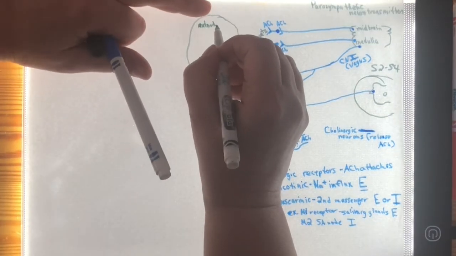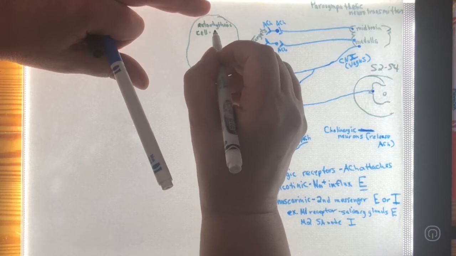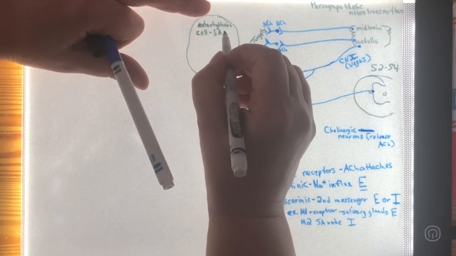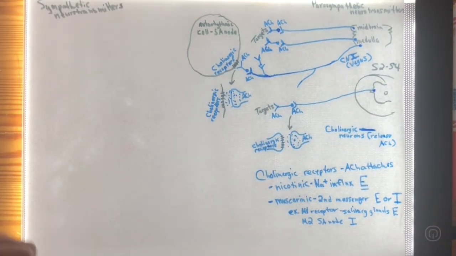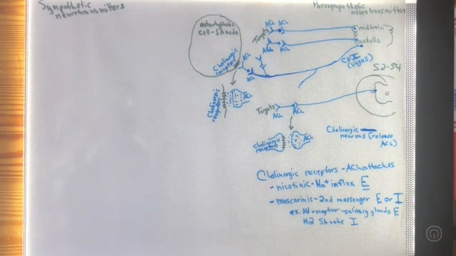So let's take a look at that. The cell here is called an autorhythmic cell. The autorhythmic cell is found inside of the heart. These are the natural pacemakers of the heart. The specific one that we're looking at is found in the SA node, although there are cholinergic receptors on various parts of the heart, especially the electrical system inside of the heart. The SA node is definitely the most impactful of the innervations because the SA node is that natural pacemaker of the heart.